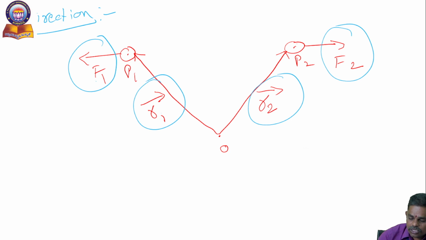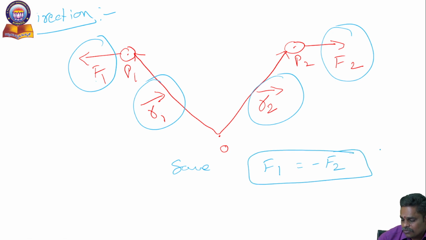With reference to this, for same polarity, F1 is equal to minus F2.